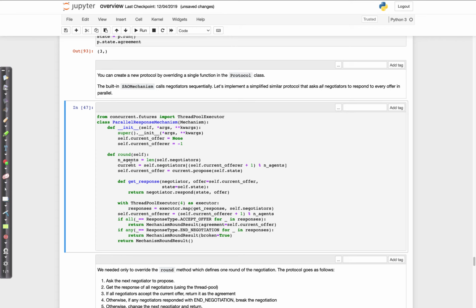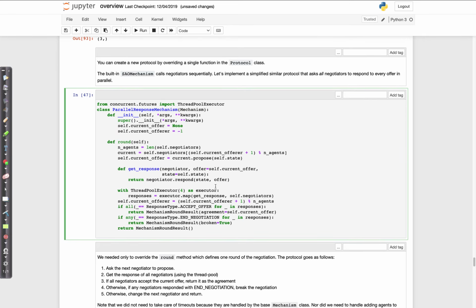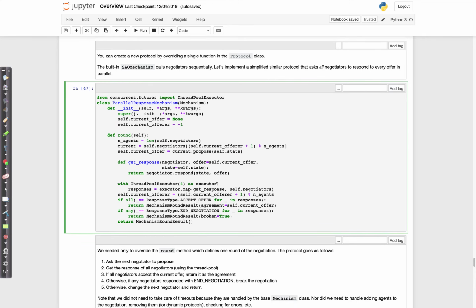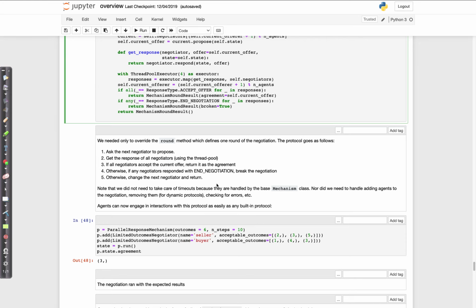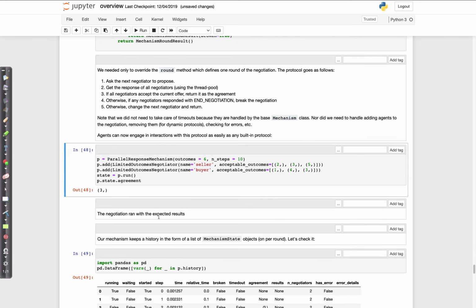And that's how it is implemented. It's short, but I'm not going into details of that because it's not important to understand the basic idea of a negotiation protocol. Here we just create this protocol, and to use it, it's exactly the same thing. Create an object of the mechanism, attach negotiators to it, run it, and look at the agreement. Okay.